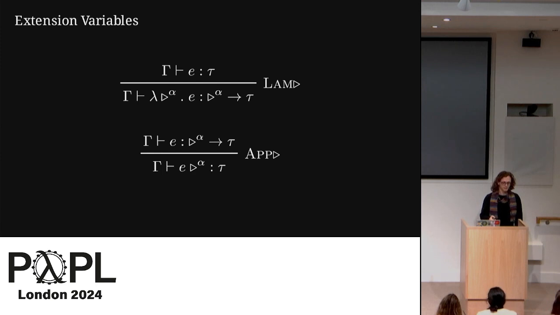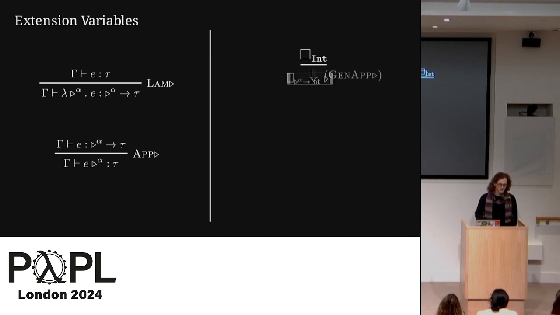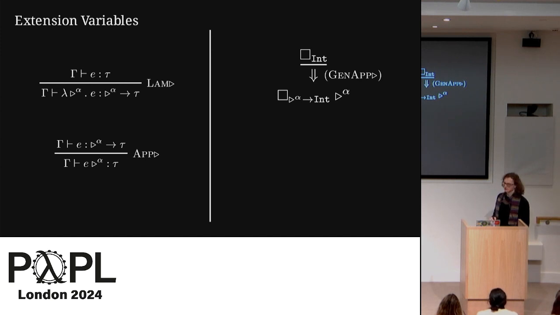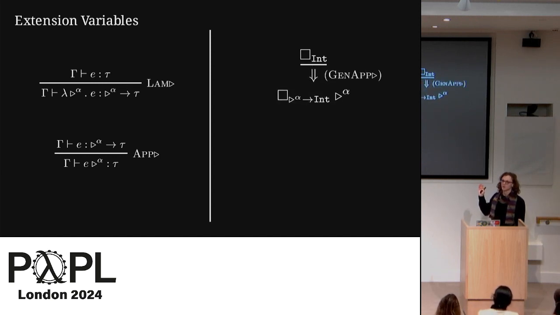So now let's revisit the original generation example and see how things change with these extension variables. So like before, we start with a hole of type int, and then this time we instead expand it to an extensible application. And now you can see that the generator is no longer having to choose a type for the argument here.